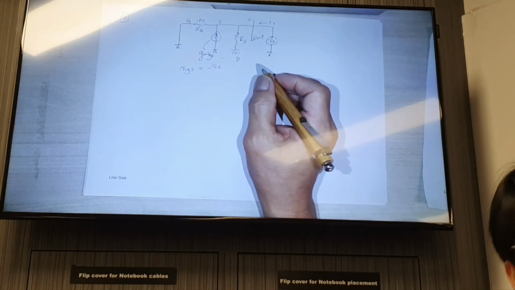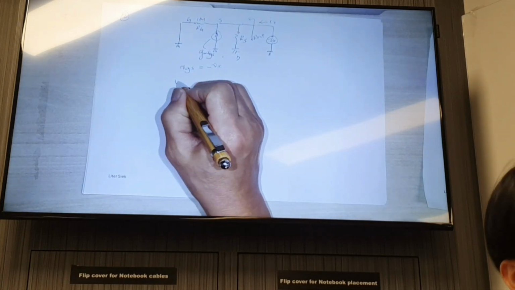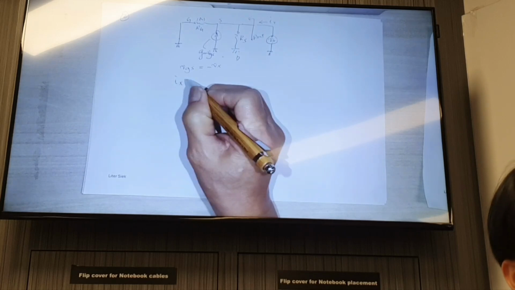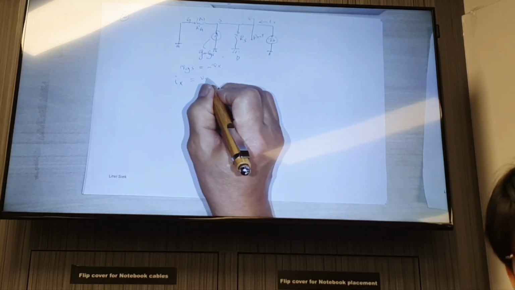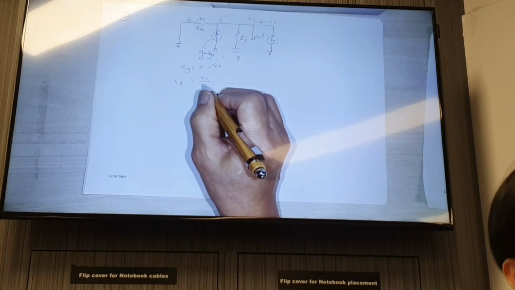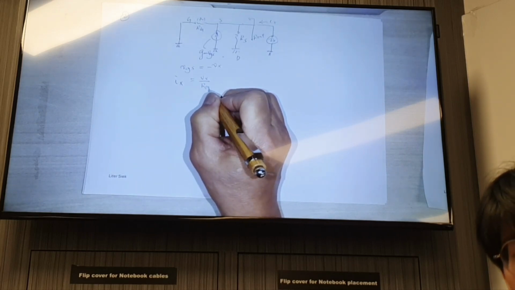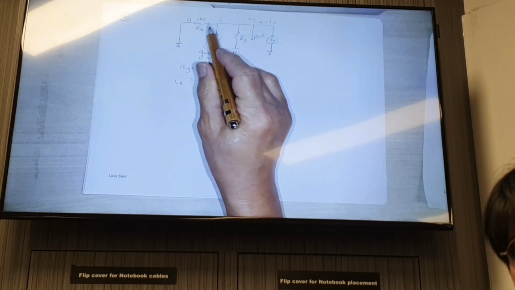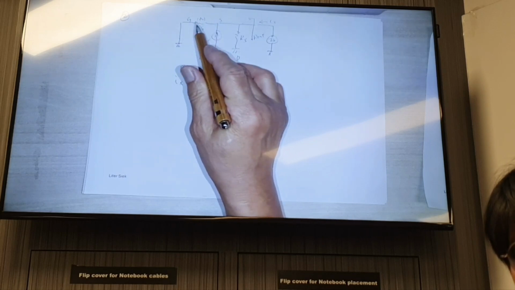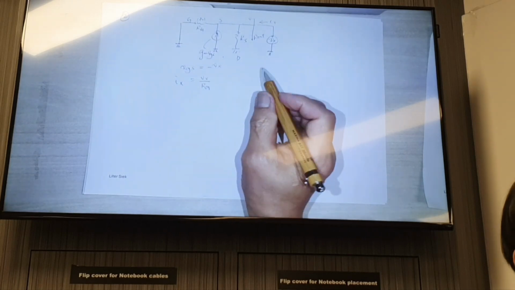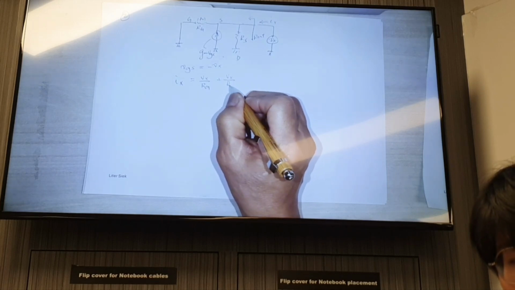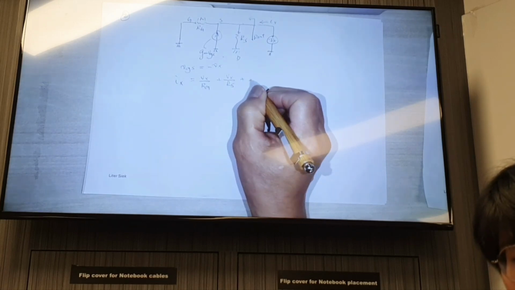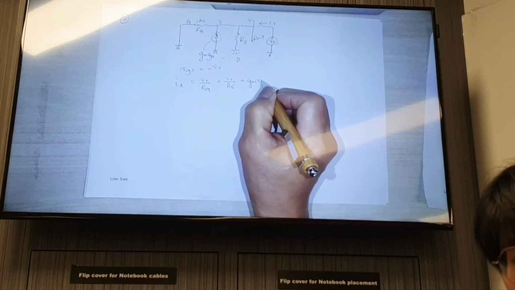And we can now write the equation Ix, which is the current going in from the source Vx, is equal to Vx divided by Rg, because this voltage divided by this gives you the current flowing in from source to gate, plus Vx divided by Rx plus Gm Vx.